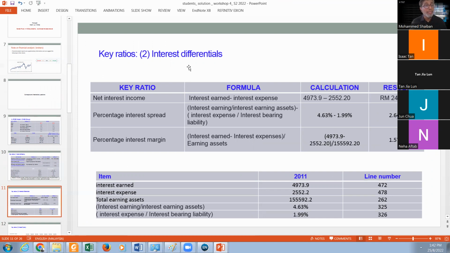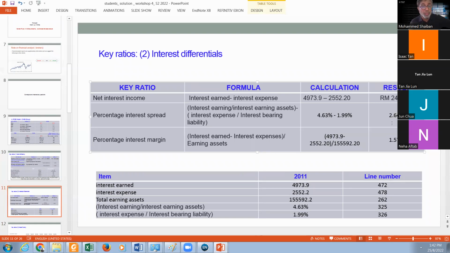Now, interest differential, as you can see, we have 2.64 here. He's 1.57. Still, yes, we are making profits. We are making a percentage of interest between the interest paid and interest income percentages.